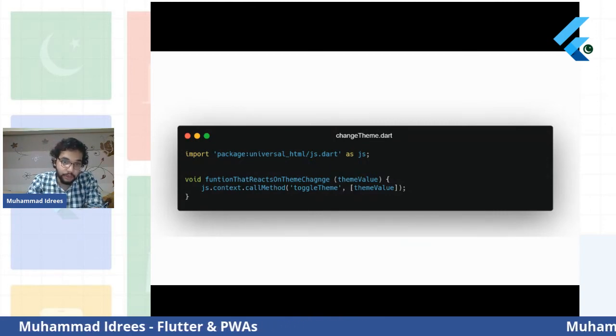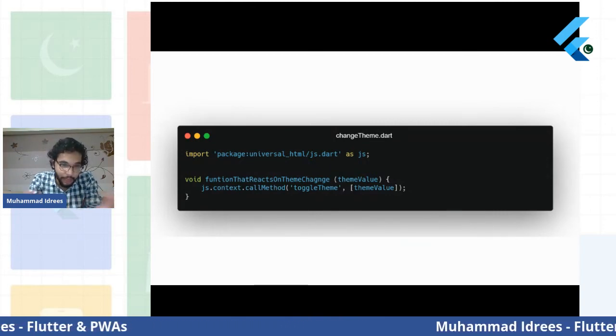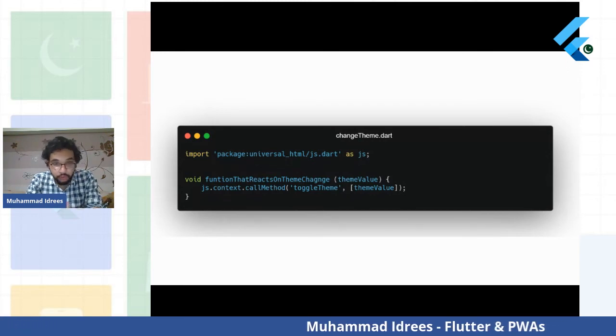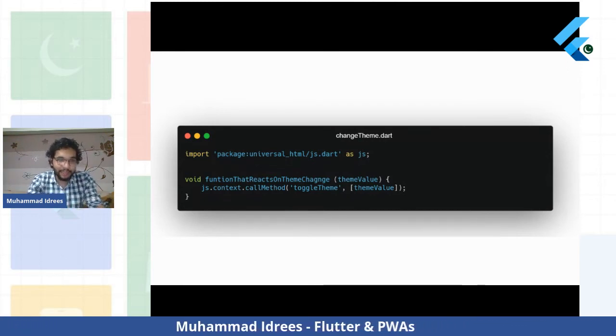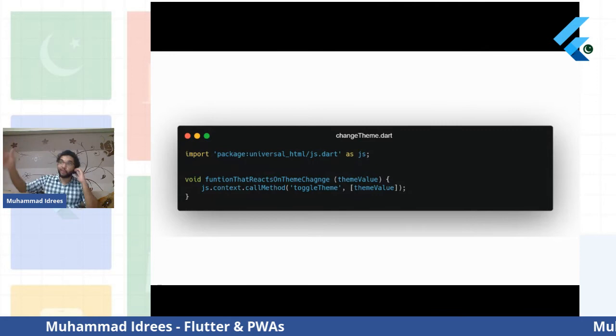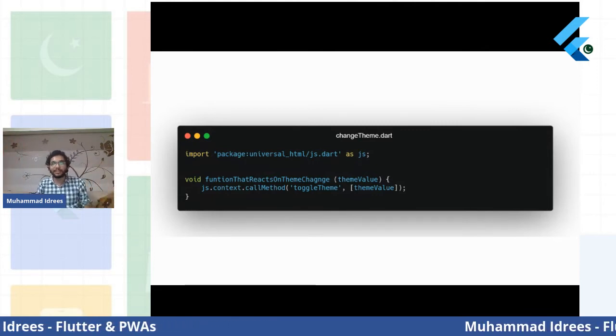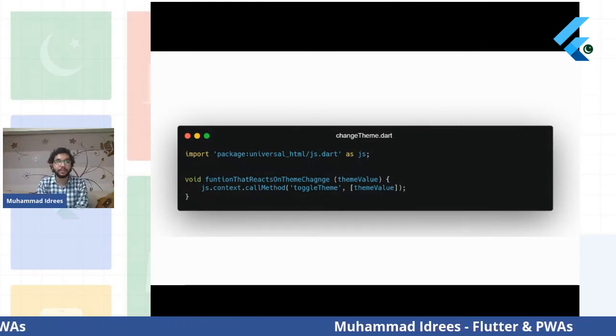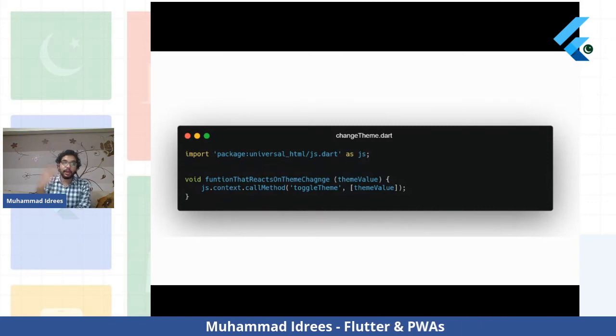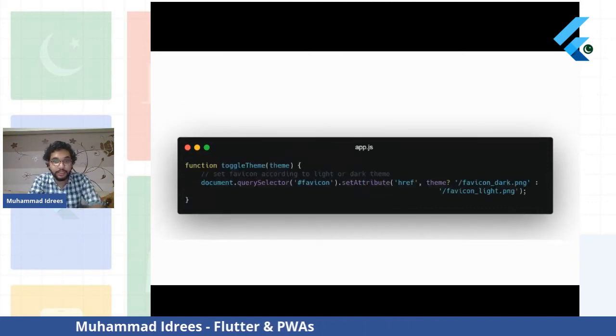This is the theme value. The theme value is probably here, I'm considering it again as a Boolean, true, false. The function is that I just gave it a long name that reacts on theme change. So basically, whenever someone toggles it, this function is called and it changes the file back here.